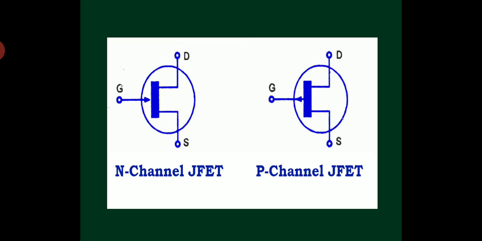In BJT, I have to fulfill certain conditions to make the transistor work as an amplifier. That is, the doping concentration of the emitter must be very, very high. The doping concentration in the base must be very low, and the doping concentration in the collector region must be moderate.